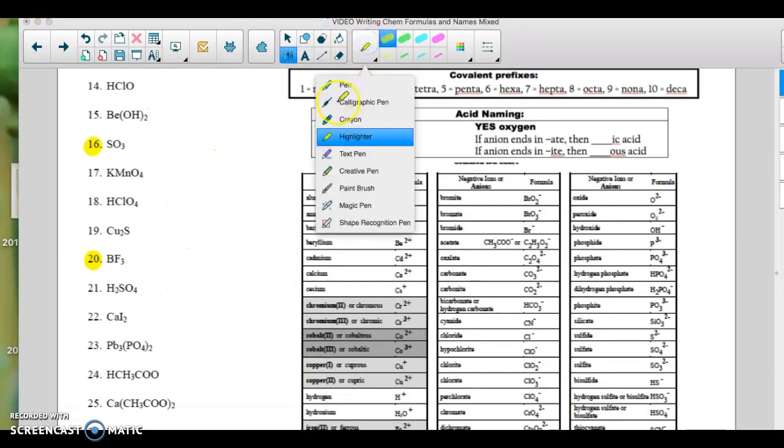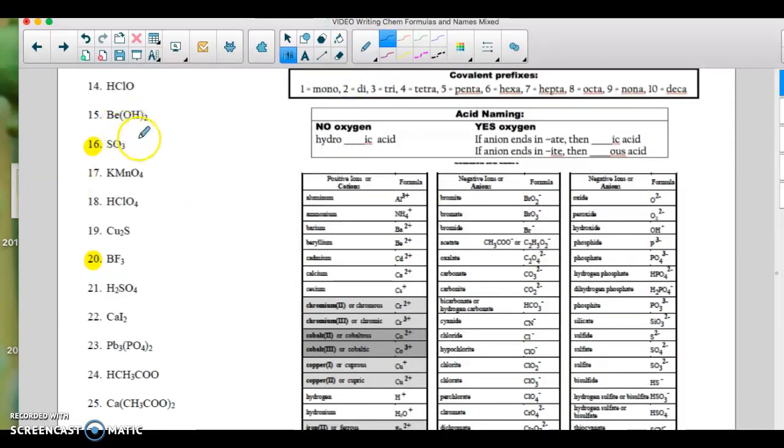So then naming. So this one, sulfur, and then three oxygens is trioxide. Here we have boron trifluoride.